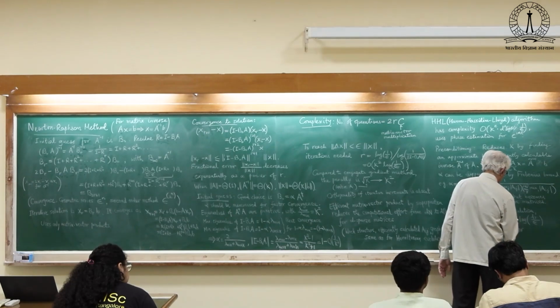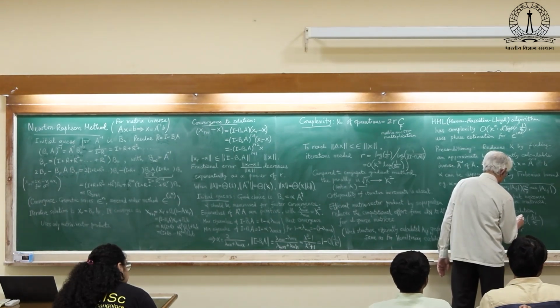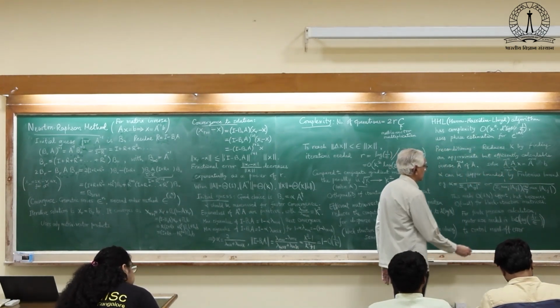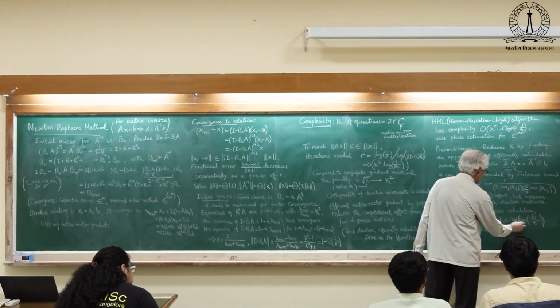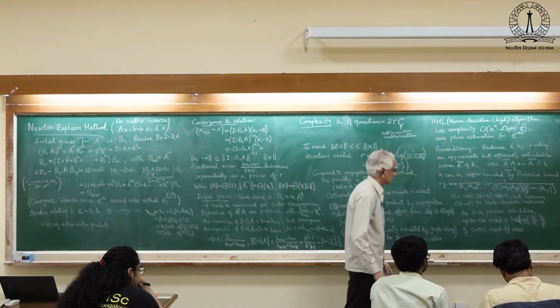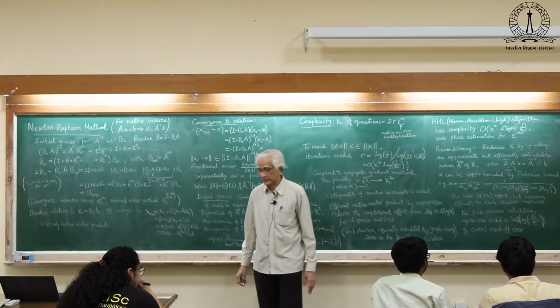So there I should put a lower bound. So this is omega. You need at least this many bits in the register, but the dependence on error is logarithmic.